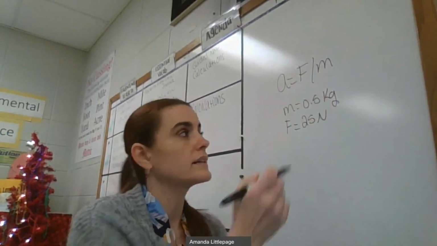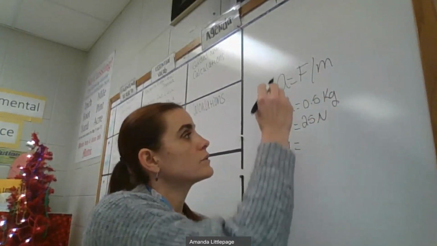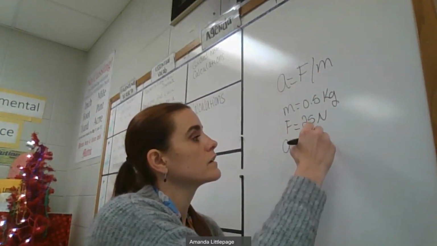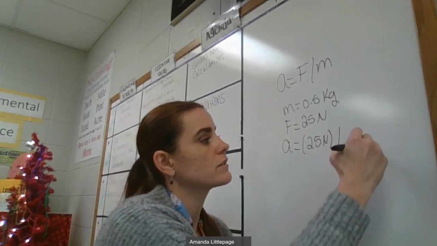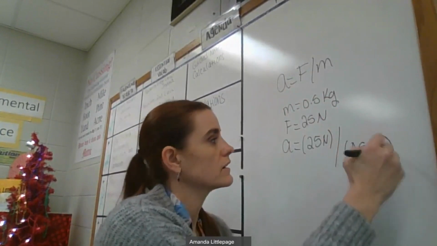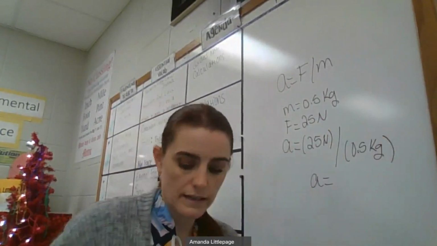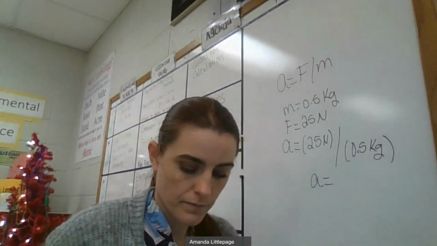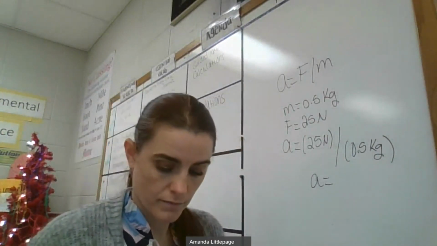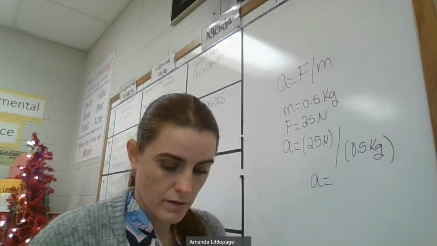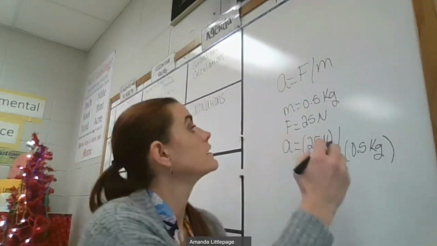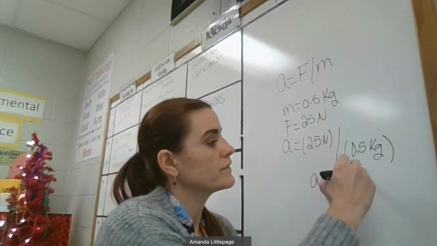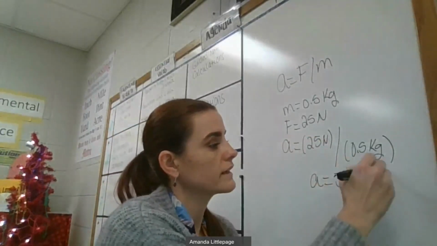We're basically going to plug that in. a is equal to the force, 25 newtons, divided by the mass, which is 0.5 kilograms. Let's plug that in and solve. You should come up with 50, specifically 50 meters per second squared.